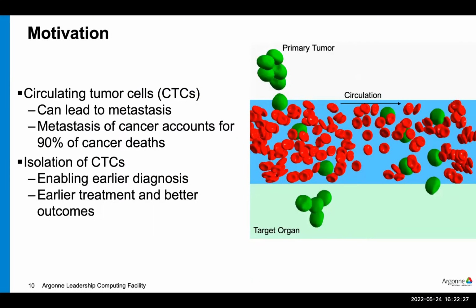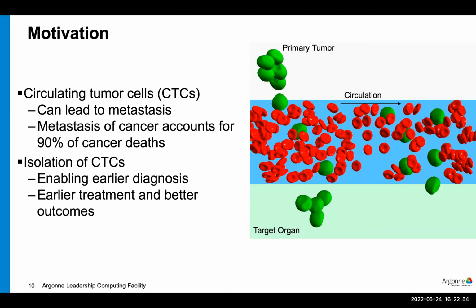So the motivation for this one is circulating tumor cells, or CTCs, are cells that are detached from a tumor in the body and enter the bloodstream. So once they're in the bloodstream, they can migrate to other regions of the body, which can lead to metastasis, which are cancerous growths that are at a distance from the primary site.